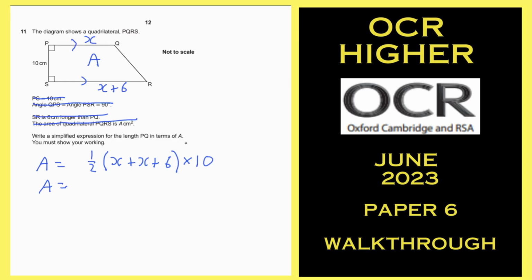So let's just multiply what's in the brackets by 5. All right, we get 5 times 2x. We get 5 times 6, like so. And it's, as I say, write a simplified expression for the length of PQ in terms of A. The length of PQ we've called X. So first of all, let's subtract 30 from both sides.